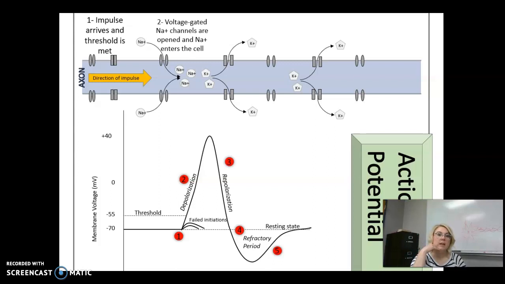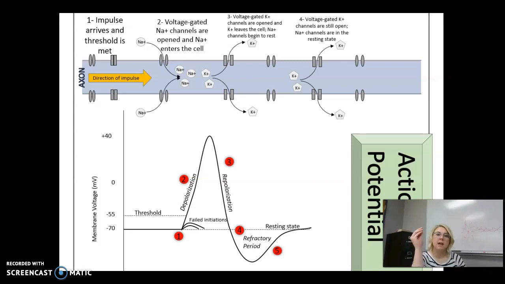Voltage-gated Na channels are opened and Na enters the cell. So that means sodium is entering the cell. Voltage-gated K channels are open and K leaves the cell. Sodium channels begin to rest. So sodium goes in, potassium goes out. This is happening all the way down here.